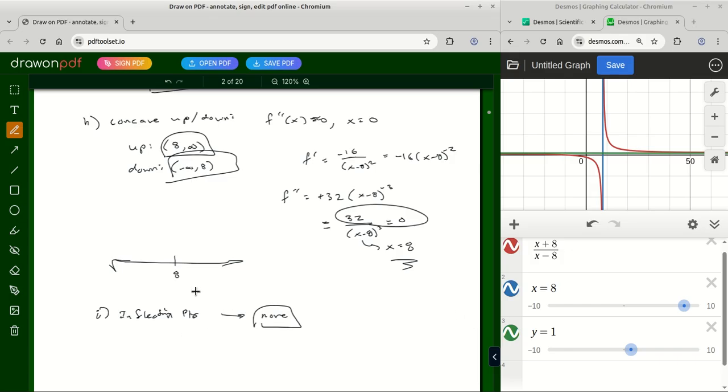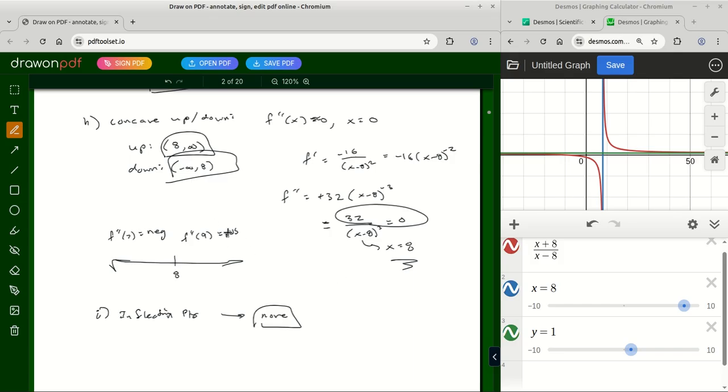So just working ahead. So I need to test both sections. So I'm going to do the second derivative of 7. Okay, I'll just go ahead and give you the answer. It's negative over here. And whenever I plug in a 9, let's say, I'm going to get a positive number. Because it's a cube, the sign from the bottom changes and affects it.